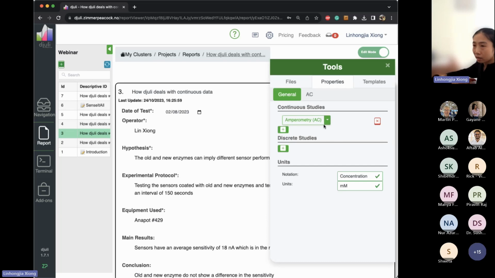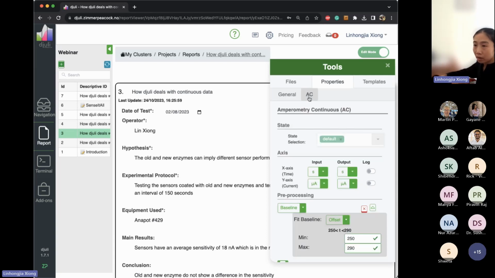After selecting the continuous study, you'll see a box for amperometry or other techniques. In this particular case, we are using amperometry. This tab will appear accordingly after you select amperometry.